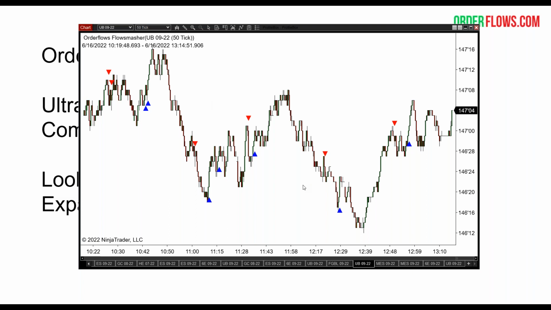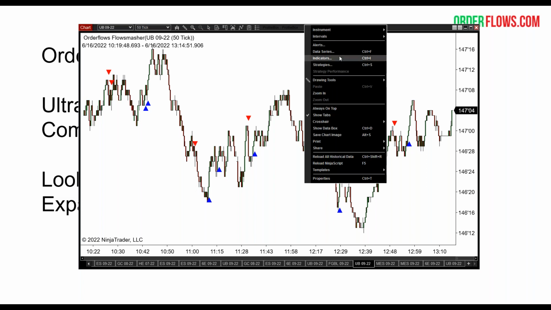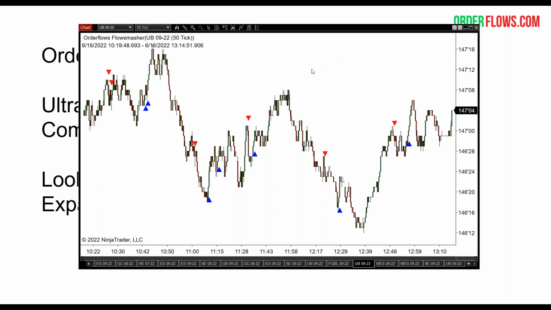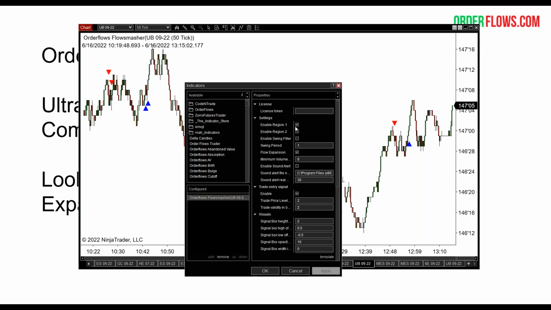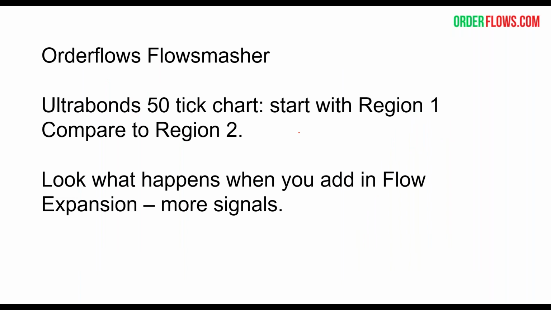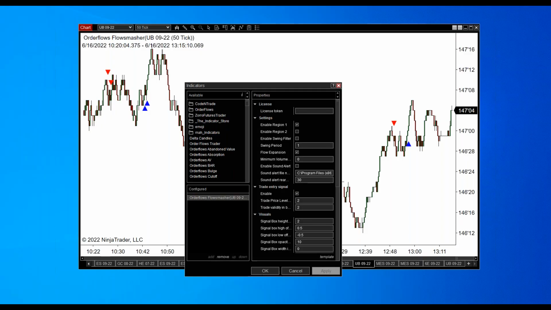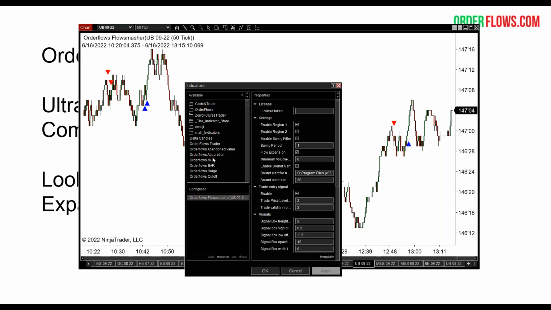So this is a 50 tick chart in ultra bonds. Okay, so start with region 1. Here's my notes, right? Start with region 1 compared to region 2. Then watch when I add in flow expansion.